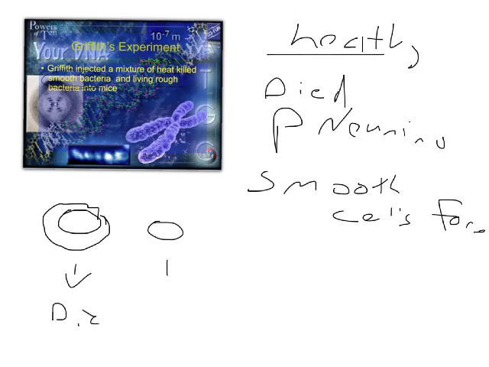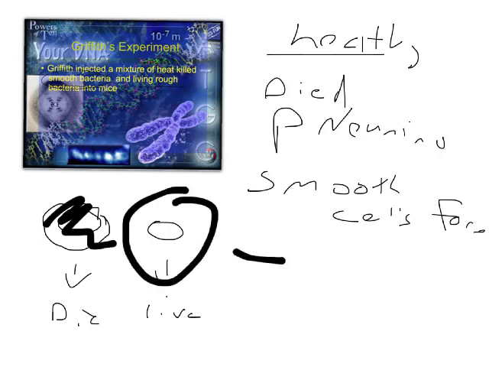If you have a regular one, you live. You're able to defend it off. So what he did is burn up this one, and injected that along with the living one here. And what ended up happening was they still died of pneumonia.